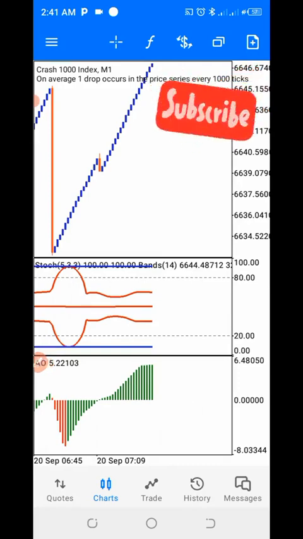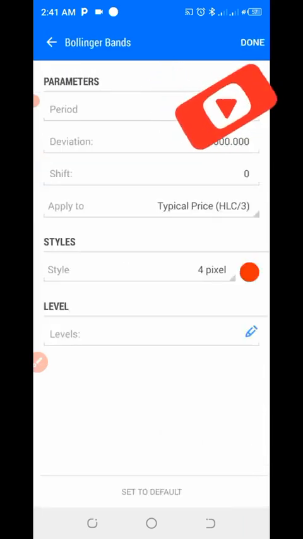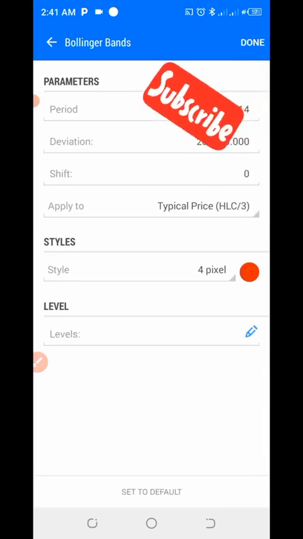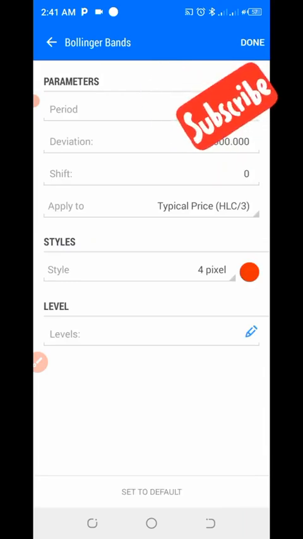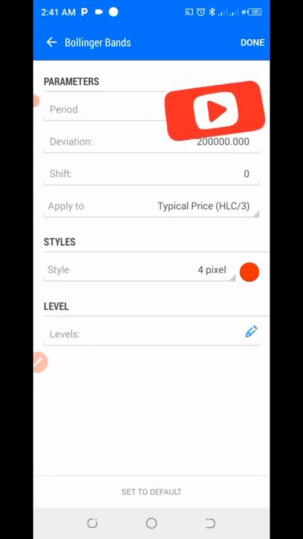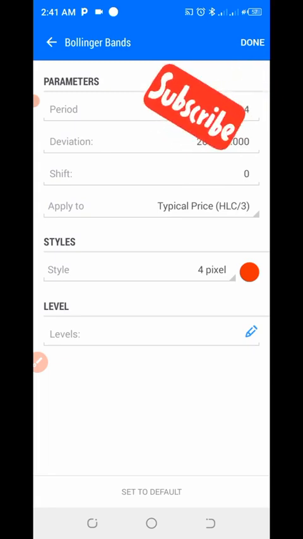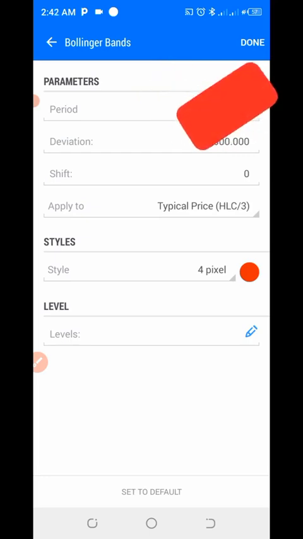For the second indicator, click on this F here. The second indicator we are going to be using now is our Bollinger Band. This is where the simplicity and the hidden part of the strategy start coming in, the major part of the strategy.